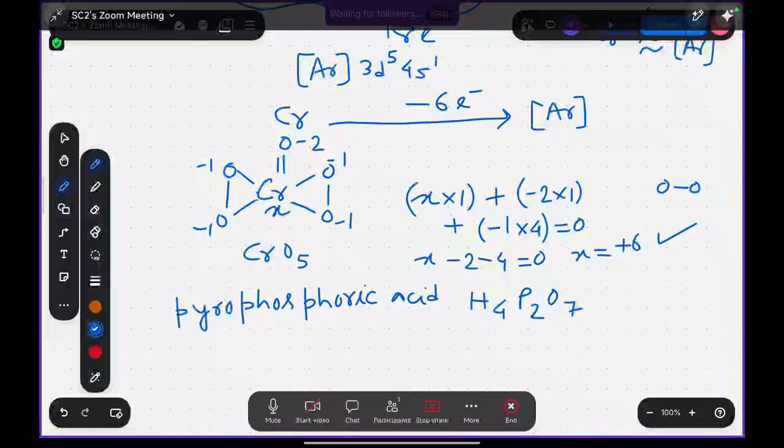So let's start now. Hydrogen is less electronegative than both oxygen and phosphorus atom. So it is plus 1 into 4. Plus phosphorus 2x. We are asked to calculate for phosphorus and there are 2 phosphorus atoms, so 2x.